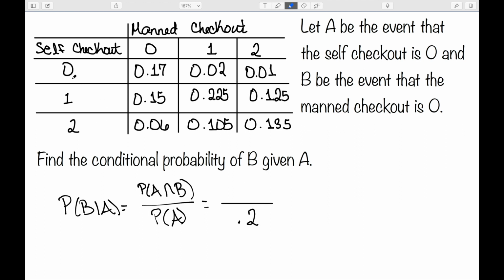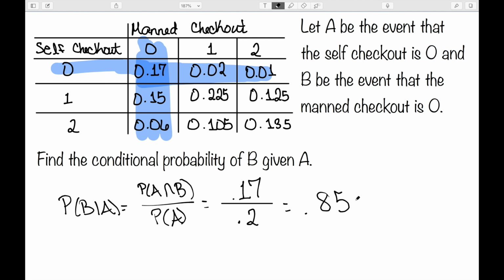What about the intersection? A says the self-checkout is 0, and B says the manned checkout is 0. So their intersection would be this entry that got double shaded here, 0.17, which gives us 0.85. So the probability that the manned checkout is 0, given that the self-checkout is 0, is 0.85.